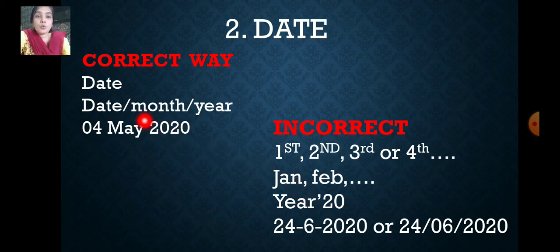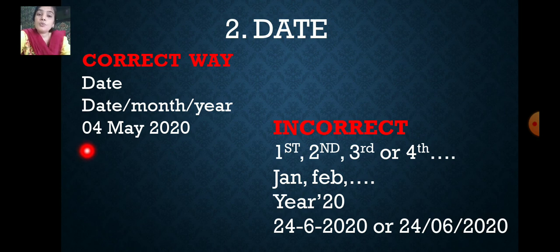So write the date, the day when you are writing the letter. How will you write? Date, month, year. So what's today's date? 27 or 28 or 29 or 6th or 7, whatever the date is.